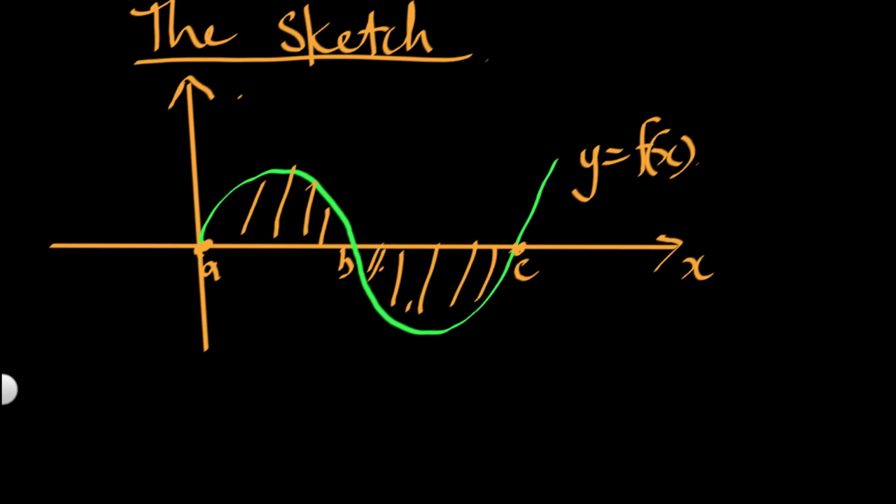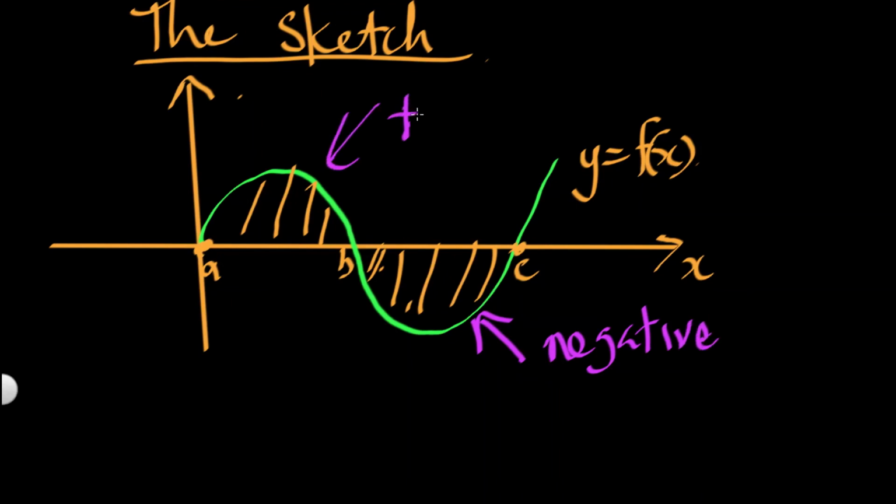Please guys, if you have done your sketch and you see that the areas are like this, do them separately. In other words, find your area like this, because this is the reasoning behind it. This area here is negative. The area on top here is positive because it is above the x-axis.